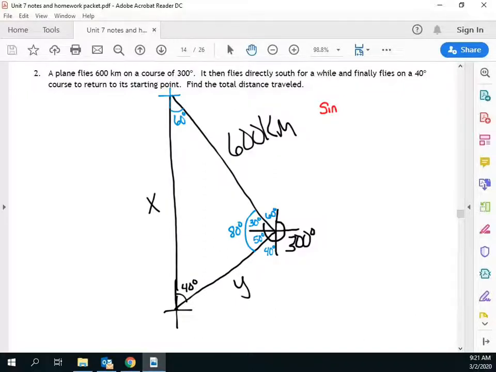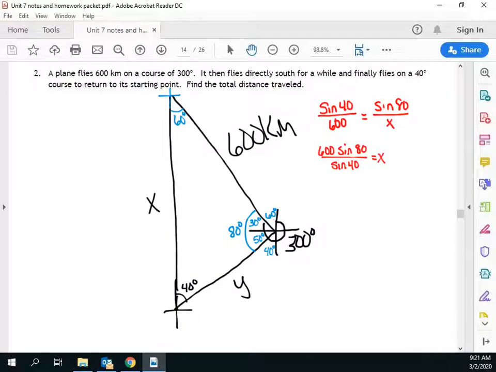So sine of 40 over 600 equals sine of 80 over X. So X is 600 sine of 80 over sine of 40.